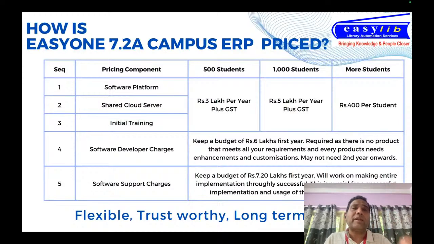All of that is included for rupees 3 lakh per year plus GST for 500 students. If you have 1,000 students, it's going to be 5 lakh. If you have more students, you keep adding 400 rupees per student afterwards.